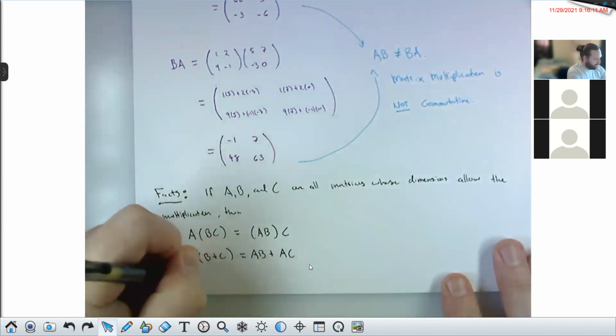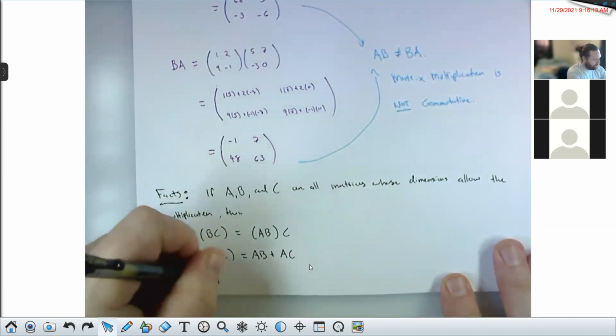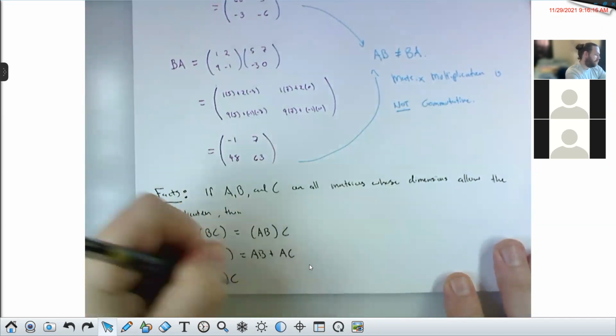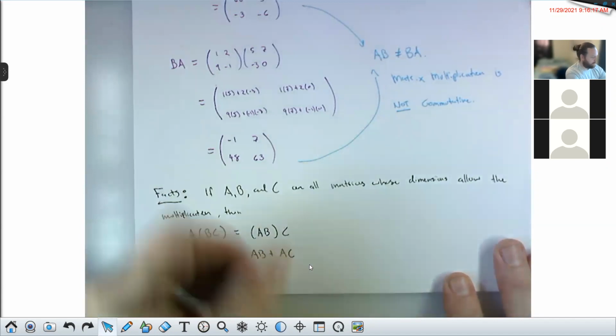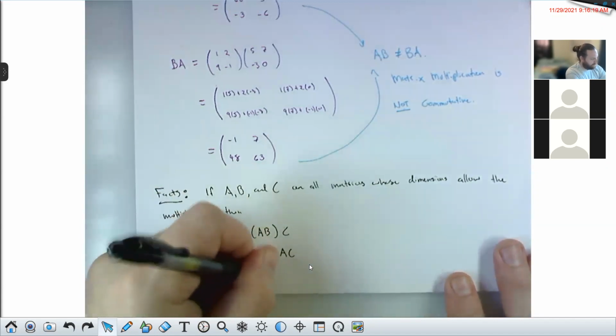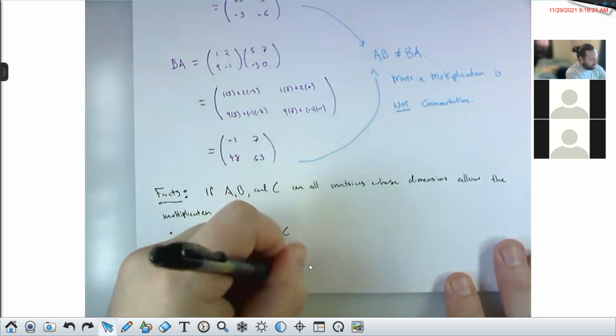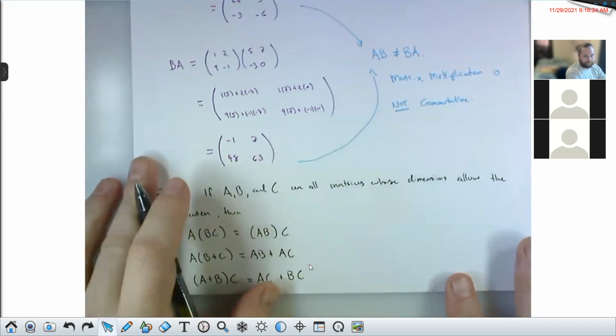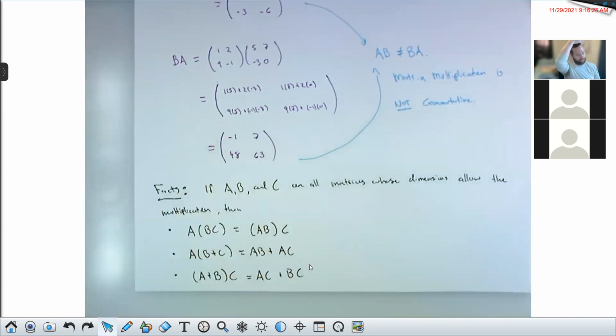So if you had like (A plus B) times C on the right, that's the same as AC plus BC. This first is called associativity. Matrix multiplication is associative. And these are 2 different flavors of distributive property. Okay.